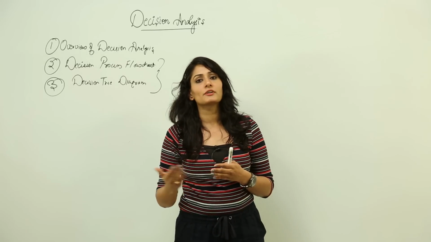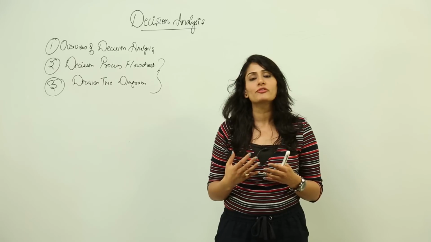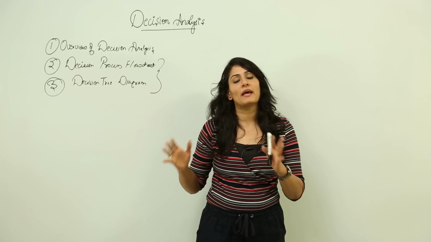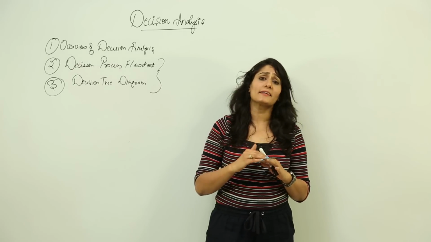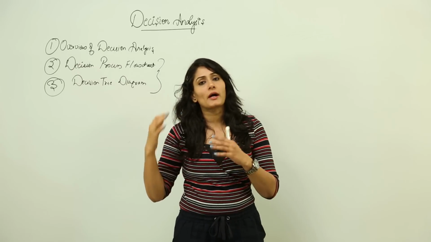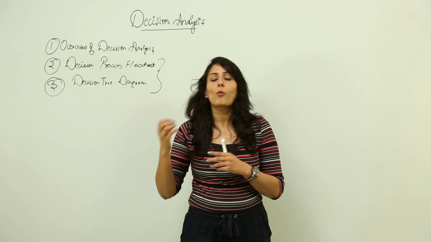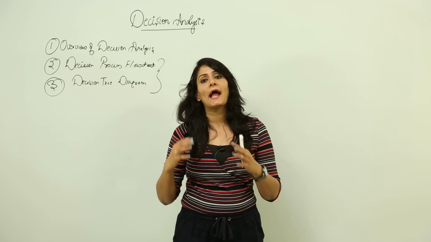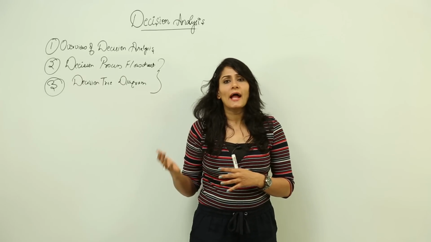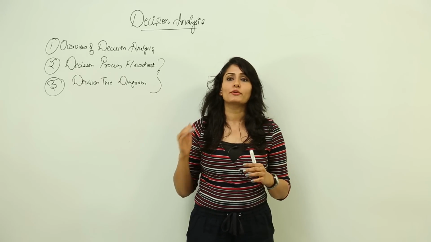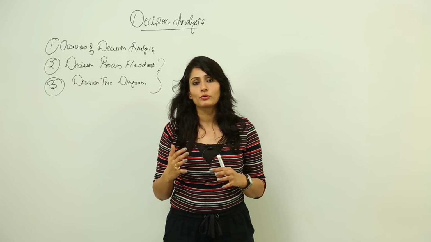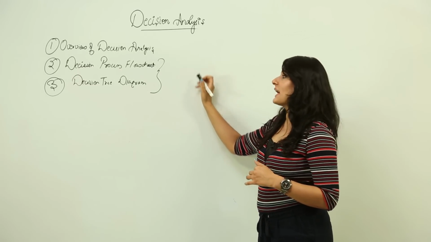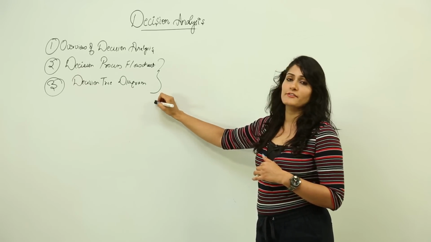They can be statistical tools, they can be non-statistical tools, but my major objective would be to give you complete information of any tool I take up. That is, where it should be used, what kind of process it should be used, what are the other tools associated with it, and other benefits of that tool, and whatever information is required so that you can successfully implement that tool, right. So these two tools would be the first in this series, that is decision process flow chart and decision tree diagram.